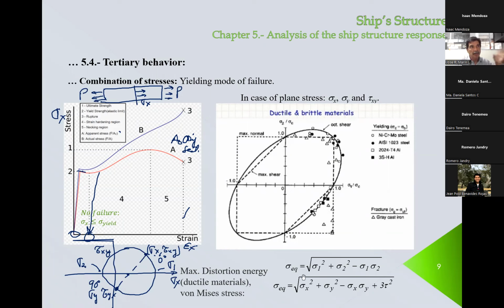Sigma 1 and sigma 2 are the extreme cases, the principal stresses, they have sign. So this term here is very important. And you have to compare that with the yield point. If you are below 235 megapascals, you are fine. If you are close to 235, you start worrying. If you are above 235, you probably need to increase the thickness.